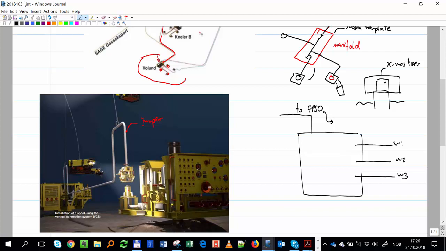Floating, production, storage, and offloading. It has all the functions: floating, production, storage, and offloading.